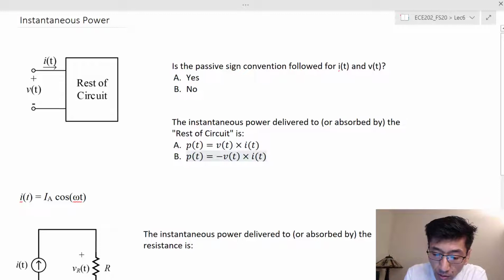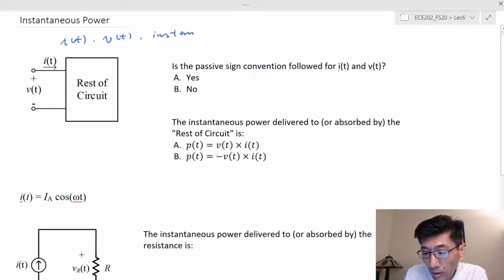These currents i(t) and v(t) are all instantaneous, and time varying, of course.